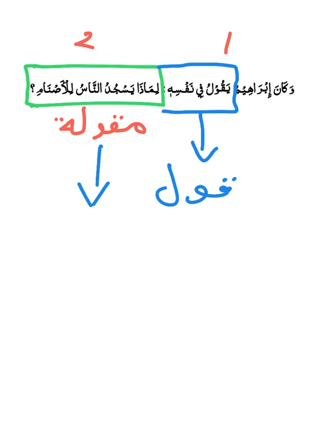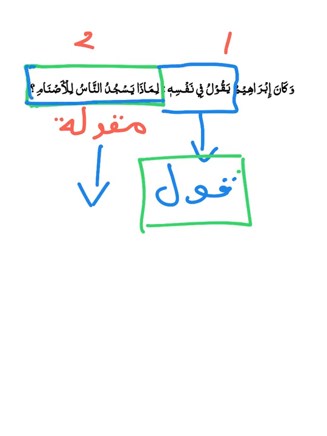And Ibrahim alayhi salam would say to himself. So, يقول في نفسه is jumla fi'liya, and after becoming jumla fi'liya, it becomes qawl. لماذا يسجد الناس للأصنام?